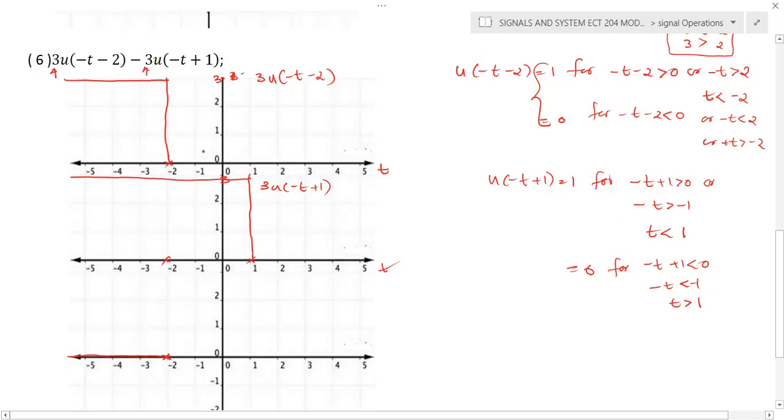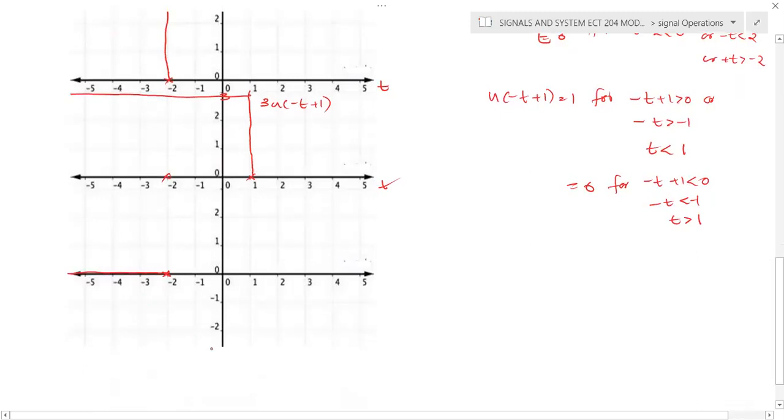So you need to perform 0 minus 3, which becomes minus 3. So for this particular range from minus 2 to 1, the signal amplitude is minus 3.